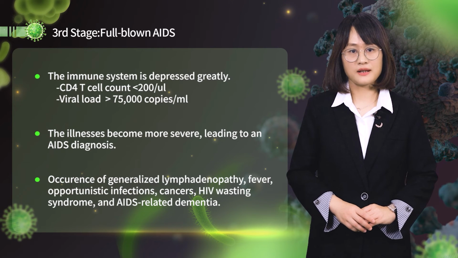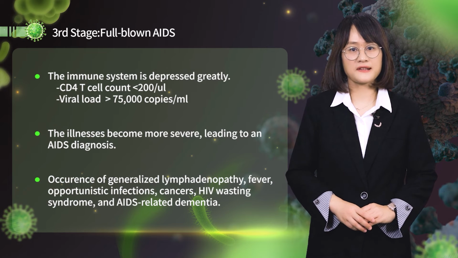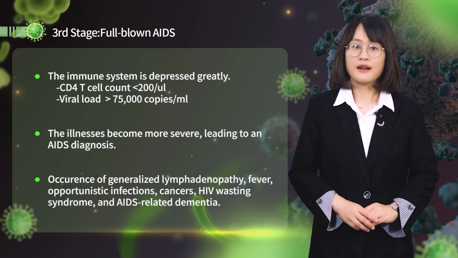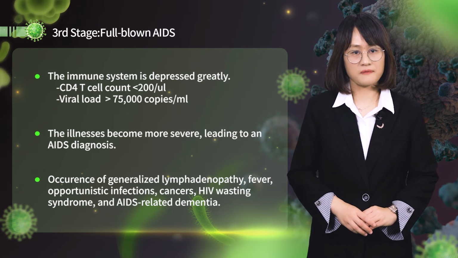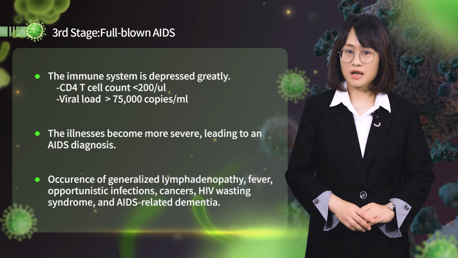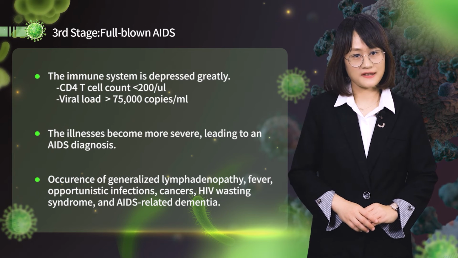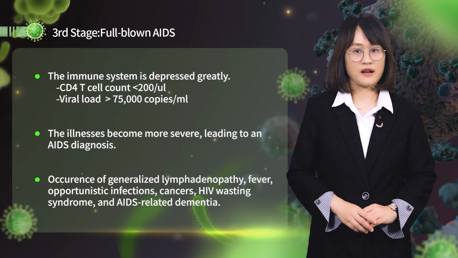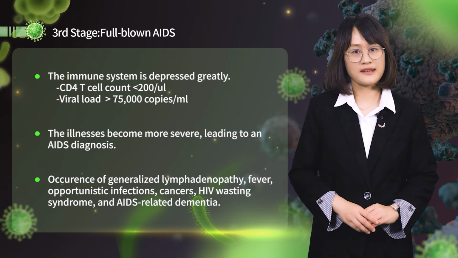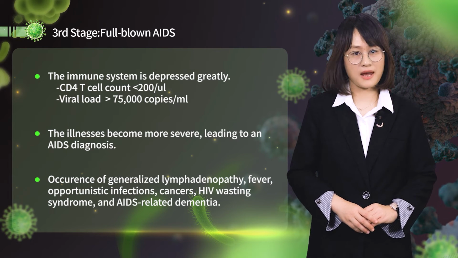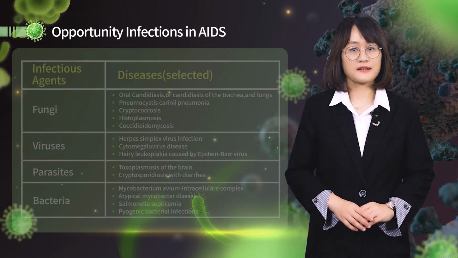At this time, they show significant diseases, including generalized enlargement of lymph nodes, fever, opportunistic infections, cancers, HIV wasting syndrome, and AIDS-related dementia. AIDS patients are susceptible to opportunistic infections.